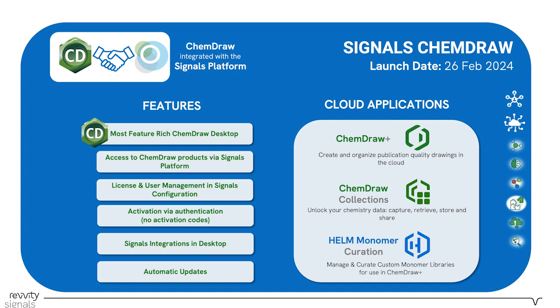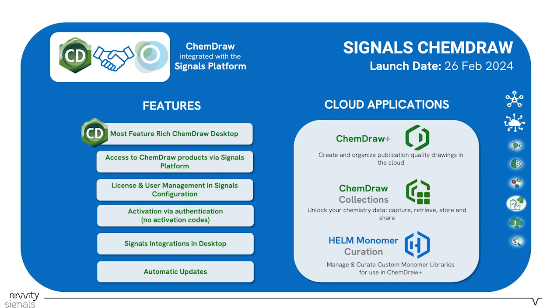So beyond the drawing capabilities within ChemDraw that allow you to represent peptides and nucleic acids, natural and unnatural, in a visually appealing manner, we've also added a layer within the Signals platform, within Signals Notebook, to manage the libraries of monomers. So within a company, within an institution, the way you call a modified alanine is the same for you as it is for your colleague, so that the nomenclature stays the same.